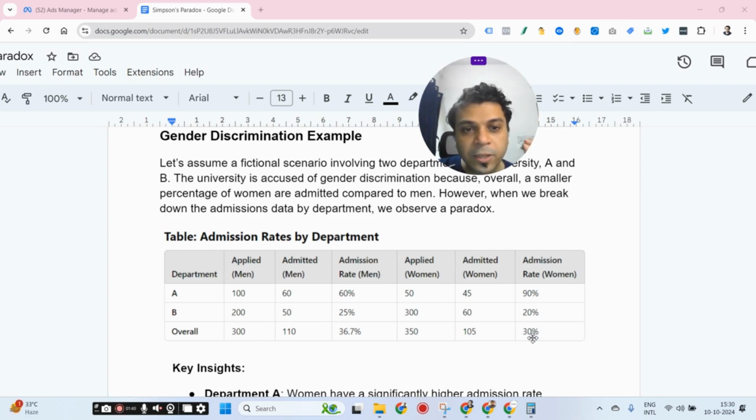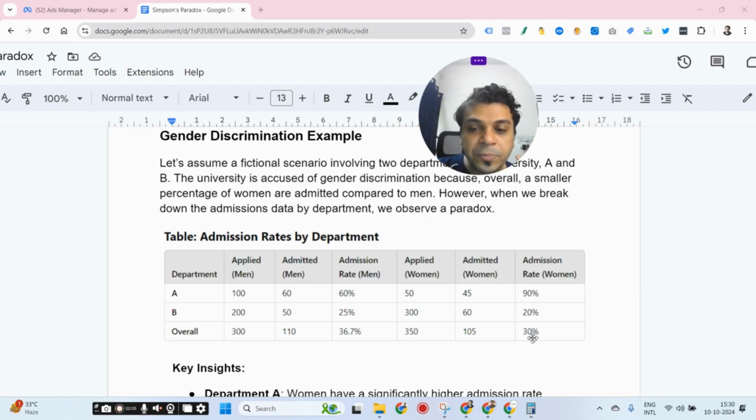But on closer inspection, it was found that at a departmental level, women were often actually far outperforming men when it came to admission rates. For instance, in Department A, women had a 90% admission rate as opposed to 60% admission rate for men. In Department B, we had a 25% admission rate for men and a very comparable admission rate for women, 20%.